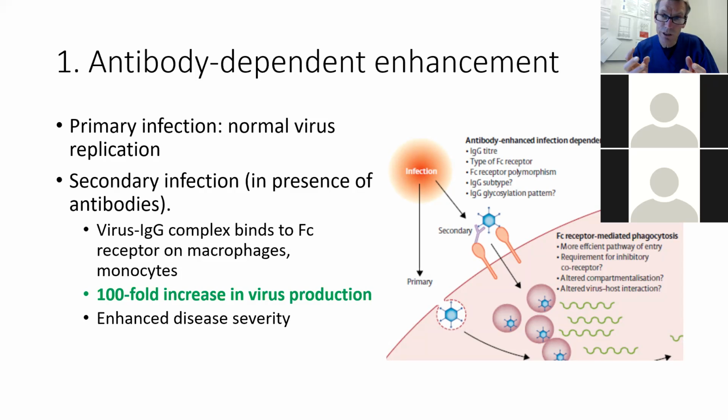And usually with the primary virus infection, there's normal virus replication. The virus gets slowly into cells and replicates, and it's usually quite low level.